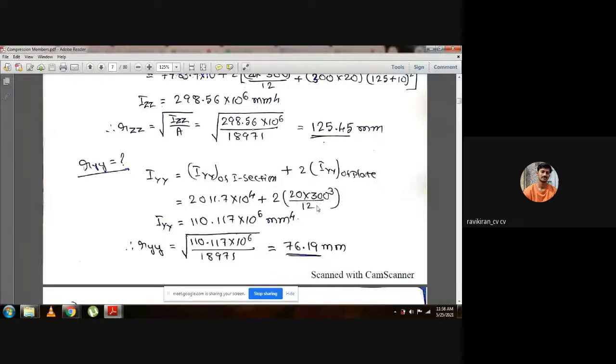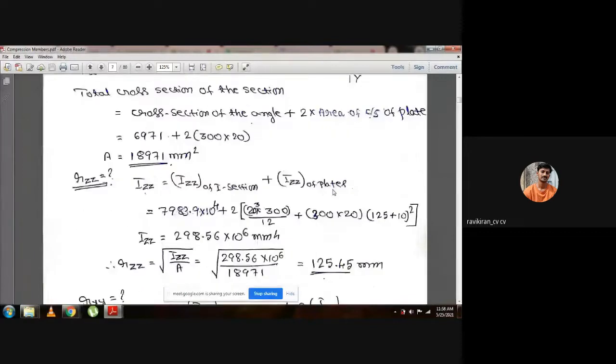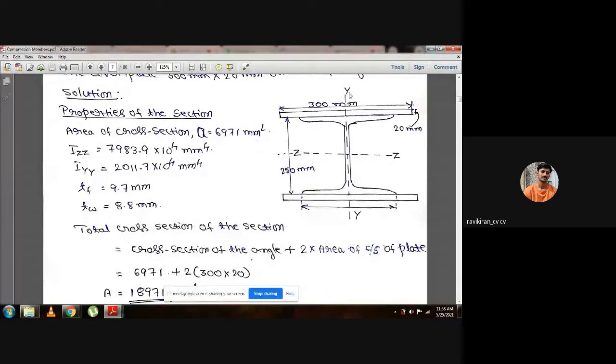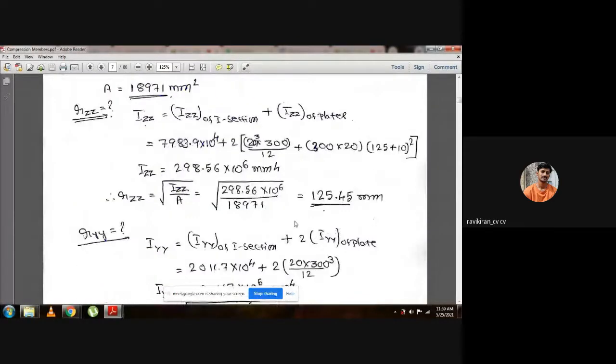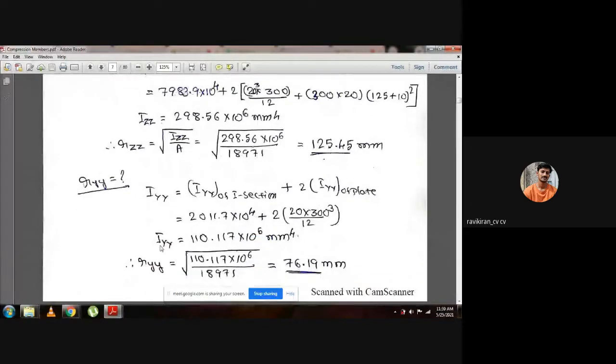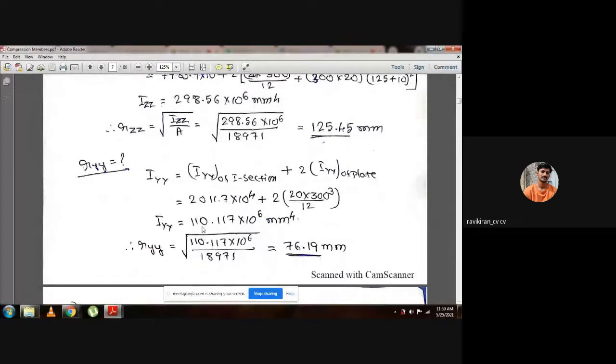BD cube divided by 12, and the AH square term will not come into the picture because in the YY direction the neutral axis lies exactly in the same plane for the plate as well as the I section. So that part will not come into the picture. So IYY will become 110.117 into 10 power 6 mm power 4.